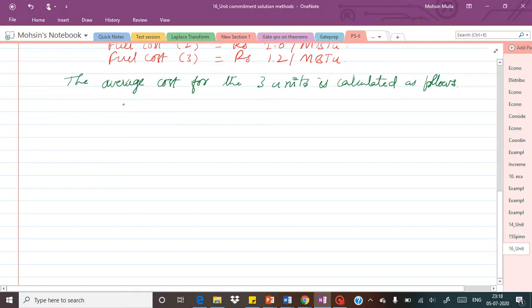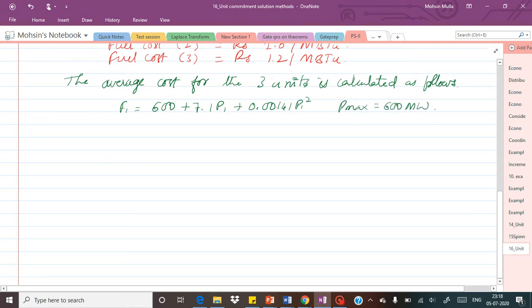So here what is known to us, F1 is given, which is 600 plus 7.1 P1 plus 0.00141 P1 square, and let us take that P max for this particular unit is given as 600 megawatt.